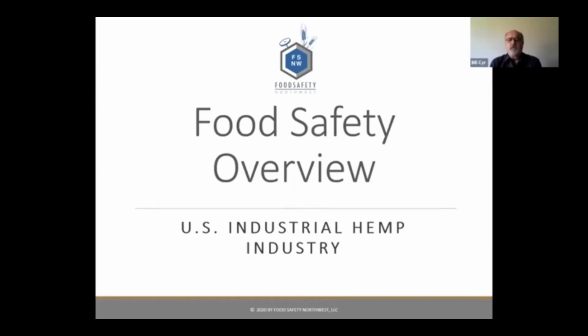This food safety overview is really a farm to fork or table overview of food safety throughout the total supply chain within the hemp industry. So farmers to extractors, extractors to product makers, through distribution and the final customer.